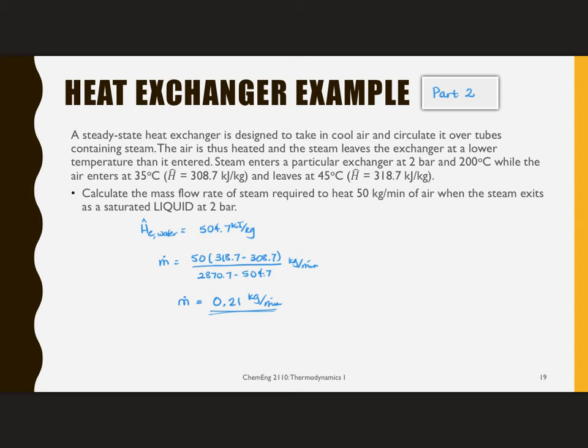So in this case, going all the way to liquid is going to suck up a lot of that heat transfer, right? And therefore, I need much less steam or water if I'm going to go all the way to saturated liquid. Okay.